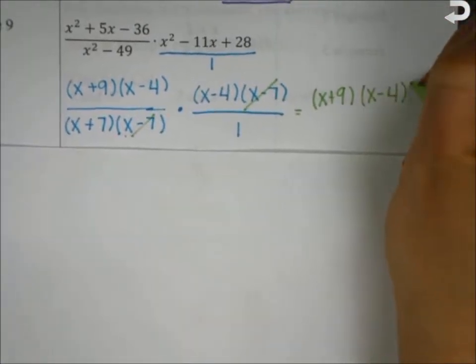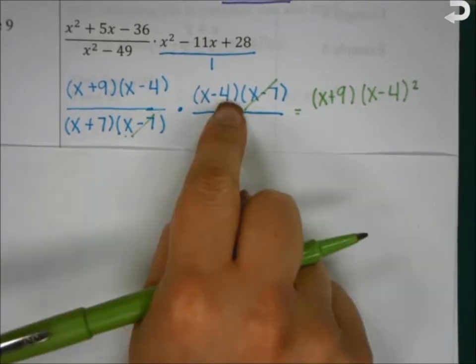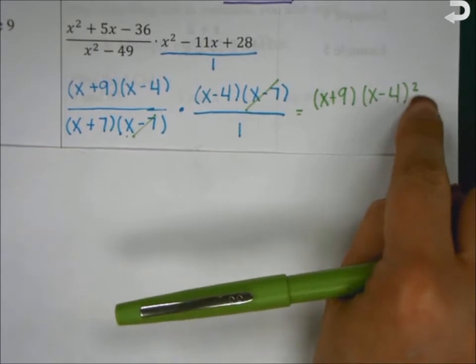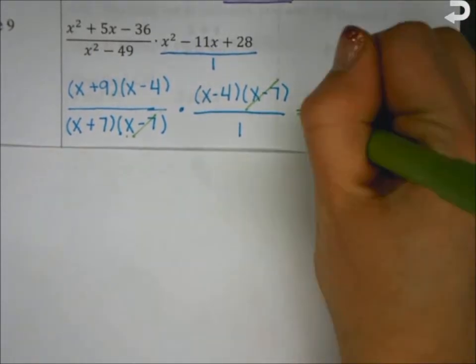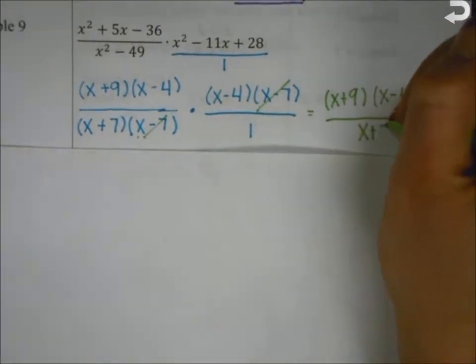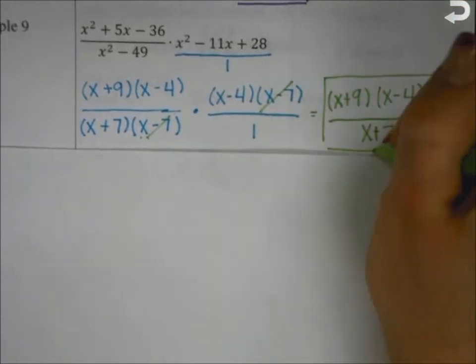Okay, and then what's left in the denominator? X plus 7. Okay, questions on multiplication? You guys are good?